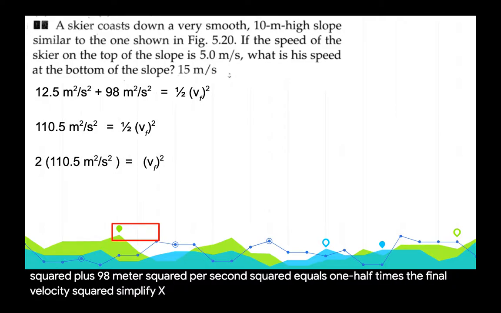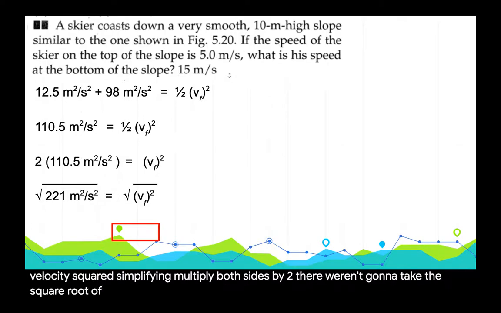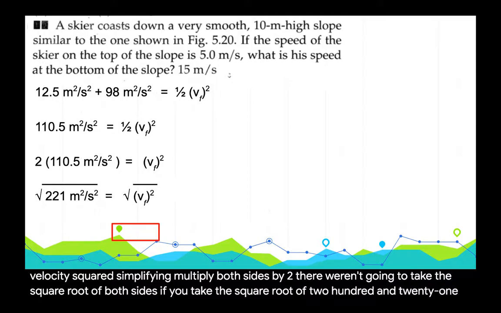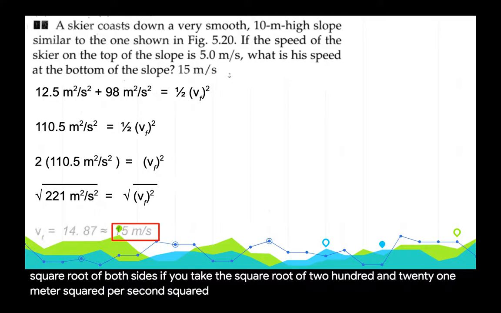Simplify and multiply both sides by 2. So we're going to take the square root of both sides. So we take the square root of 221 meters squared per second squared, and we get that the final velocity is 15 meters per second.